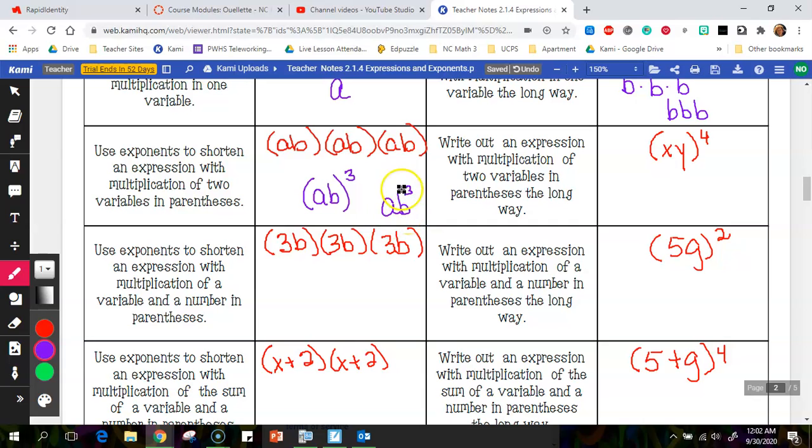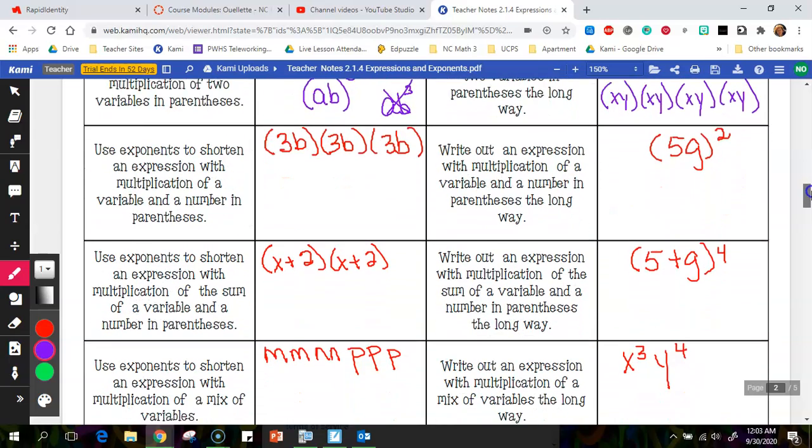If you see this without the parentheses around it, this means only the B is multiplied times itself 3 times. So that would not be the same as what's up here in red. Over here, write out an expression with multiplication of 2 variables in parentheses the long way. So this is kind of the opposite of what we did over here with the AB. We're going to rewrite this as xy times itself 4 times.